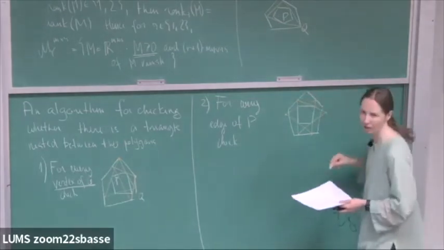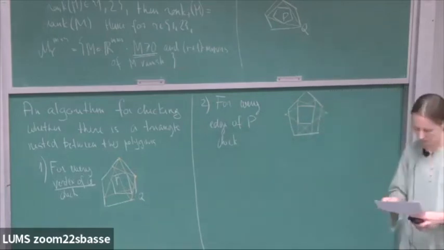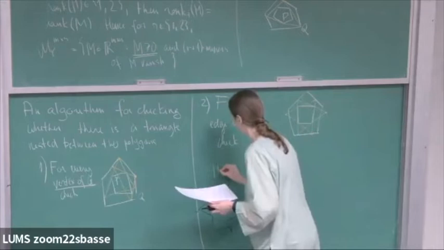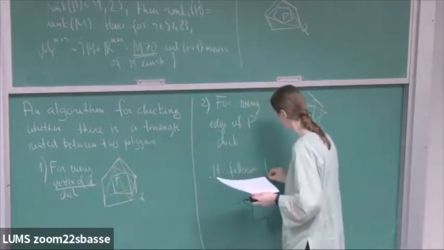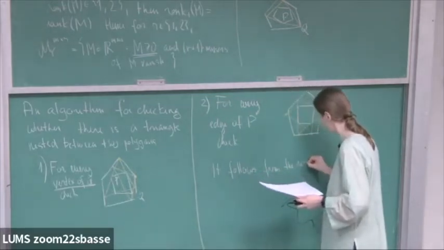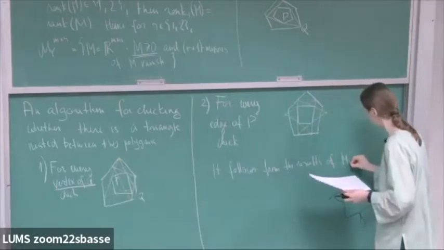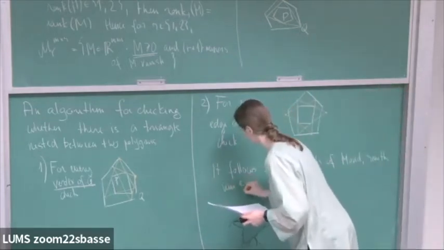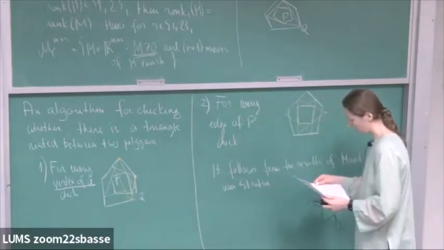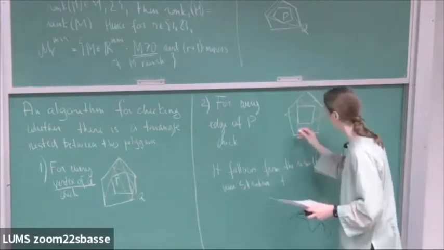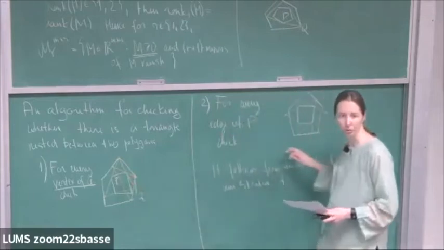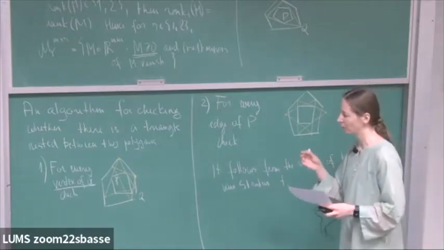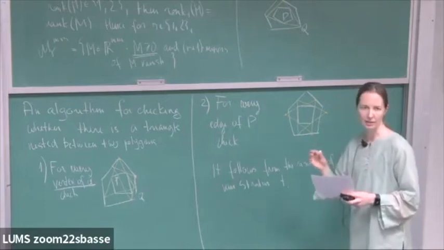See, they again intersect outside the polygon, and it follows from the results of Mond, Smith, and Weisbrot that if there is no triangle of the form like in 1 or 2, then there is no triangle at all between P and Q. So although there could be infinitely many triangles that we have to check, this is saying there are only finitely many.